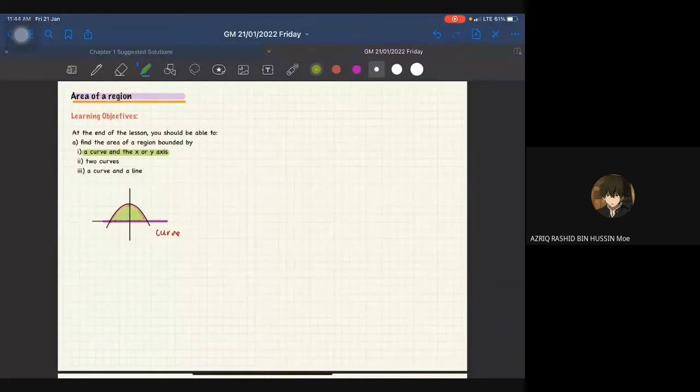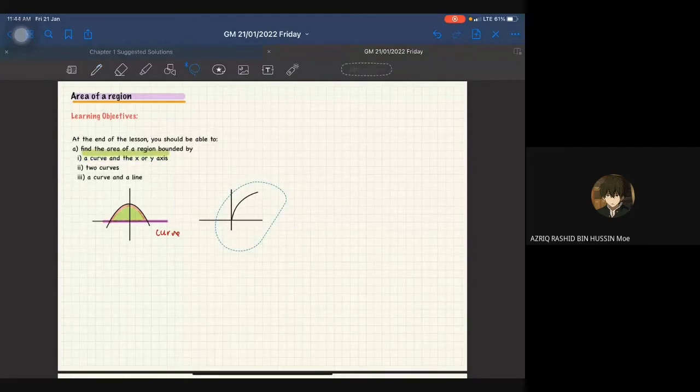So contoh kalau dengan y-axis pula. Okay, so contohnya graf kita tu macam ni. Square root punya function.